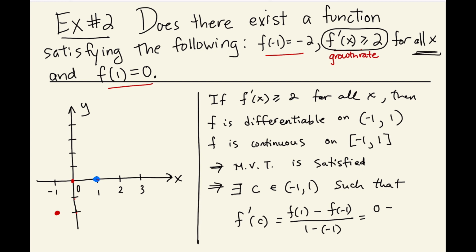We would need f of 1 to be 0, f of -1 we said was -2, and here we have 1 plus 1, so that's 2. So if there is such a function, then there has to be some value c in this interval such that the derivative is equal to 1.